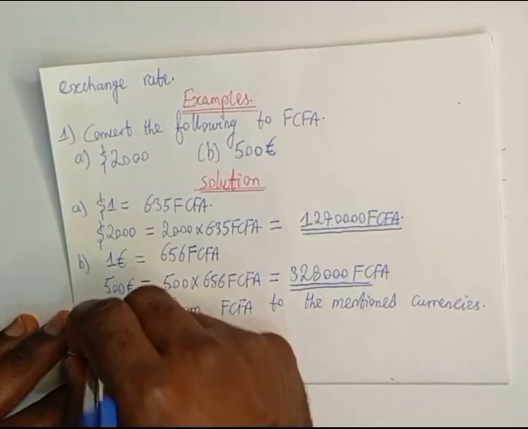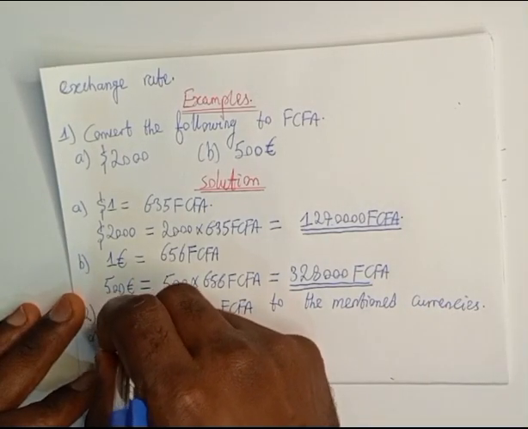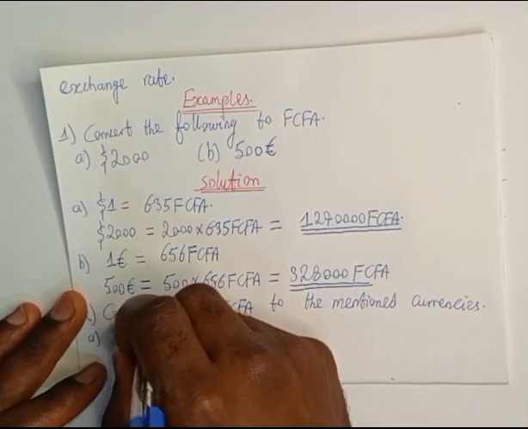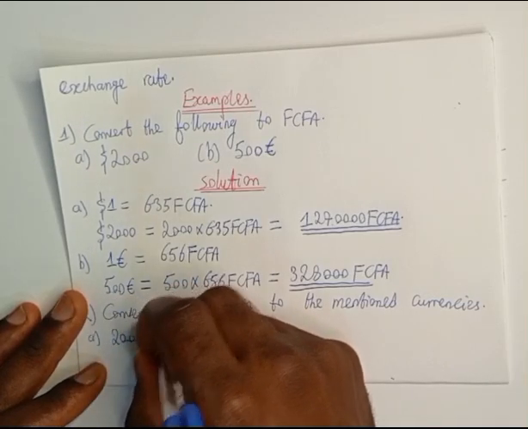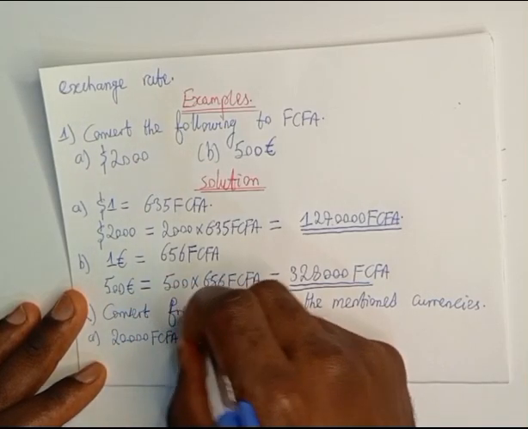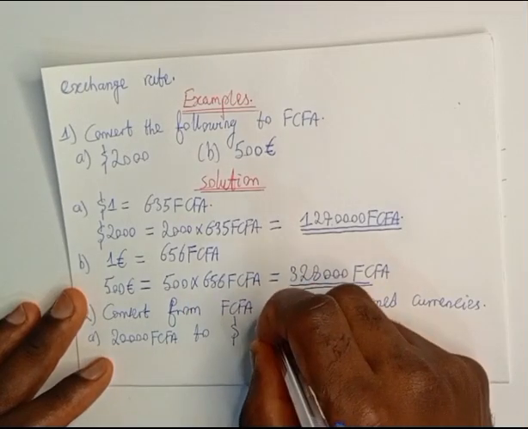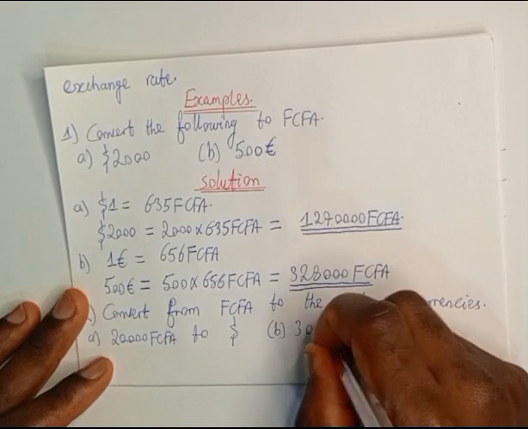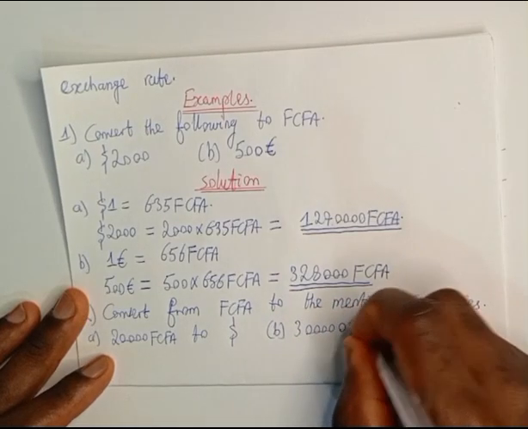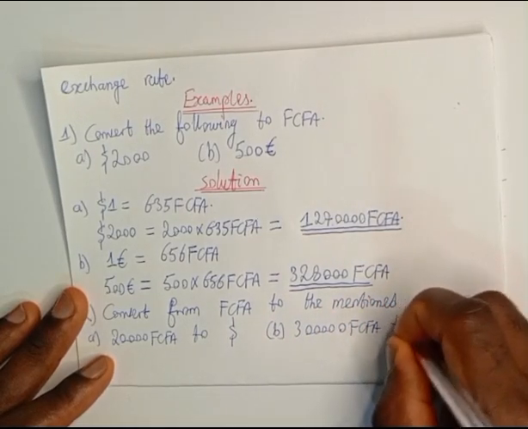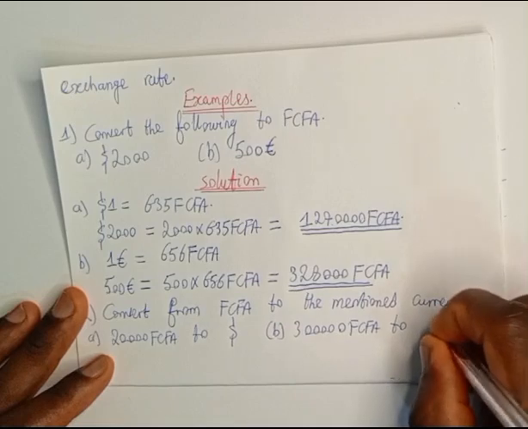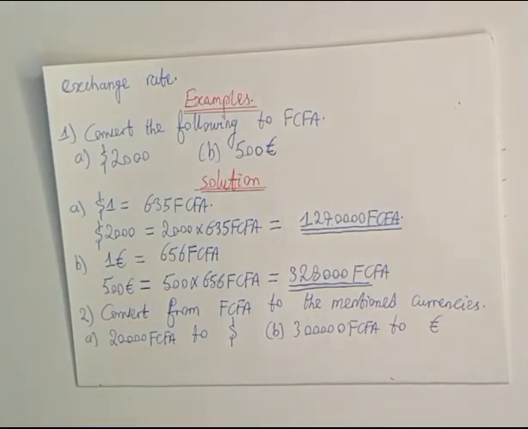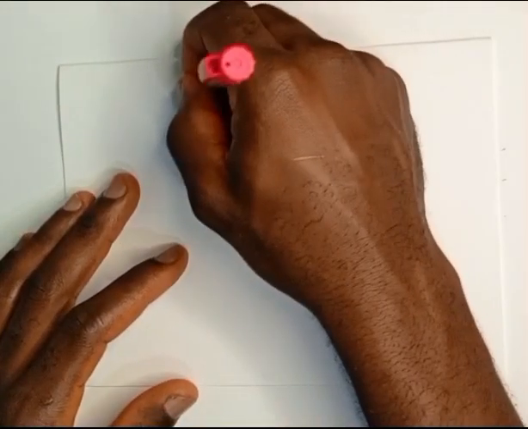For A, we have to convert 20,000 francs CFA to dollars. For B, we have to convert 300,000 francs CFA to euros. We take solution.